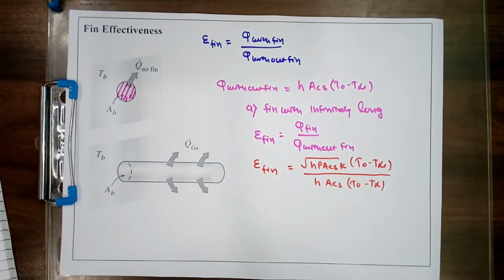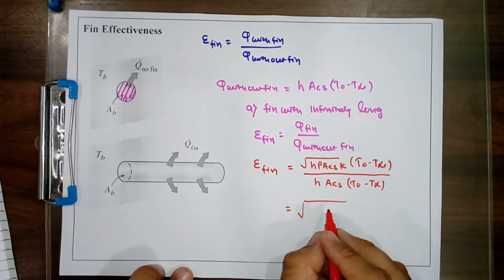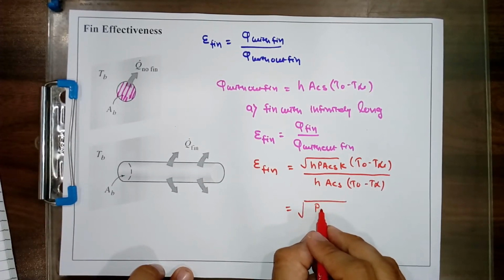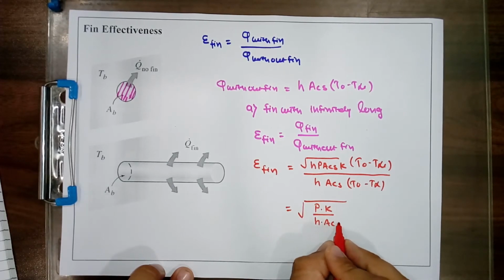So it cancels out, and finally we get the square root of P into K divided by H into ACS.